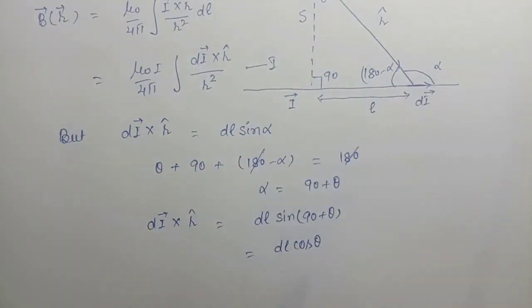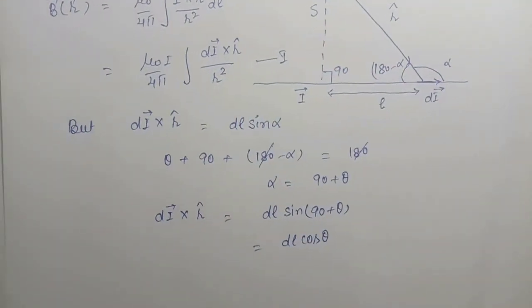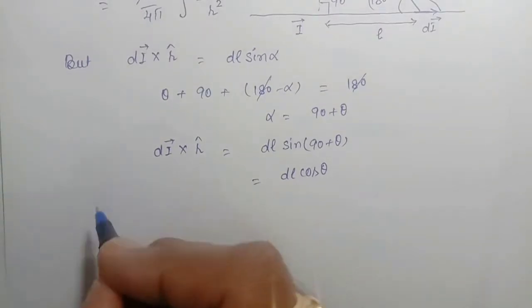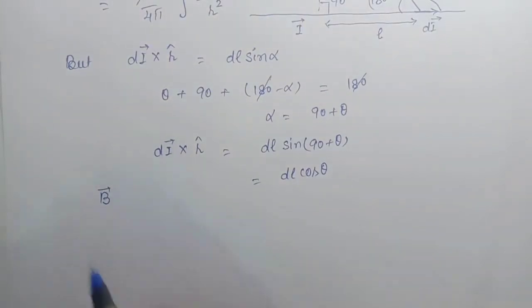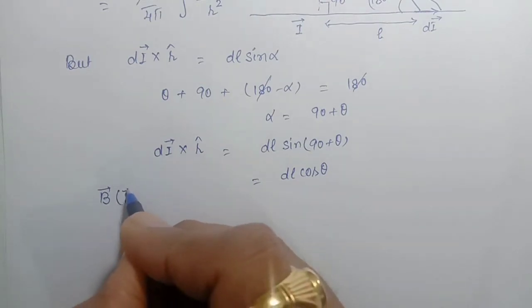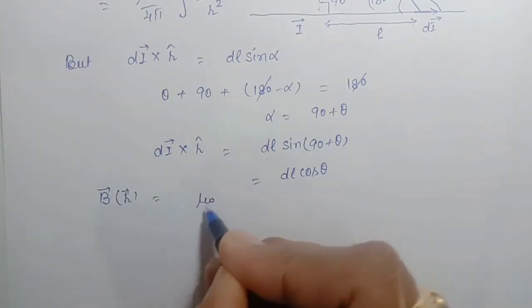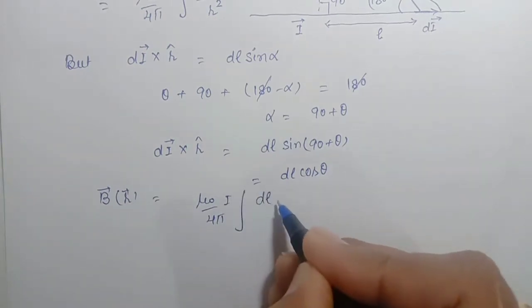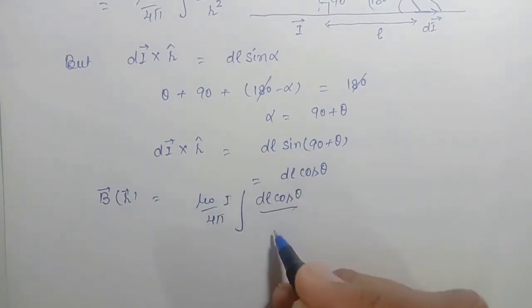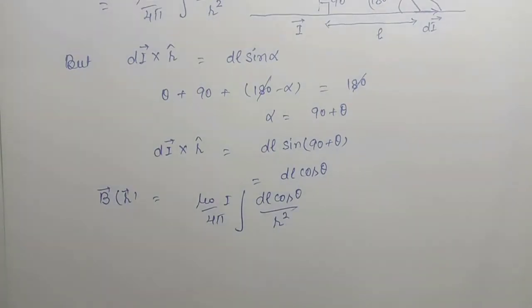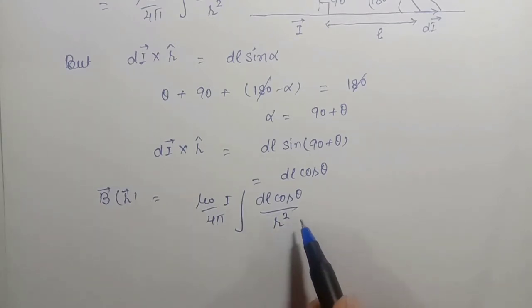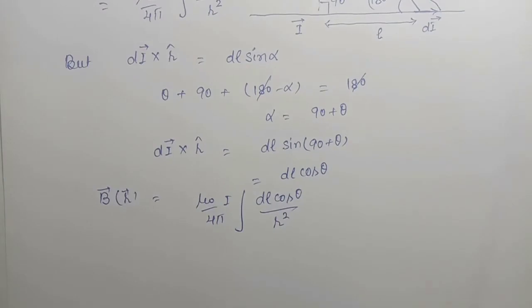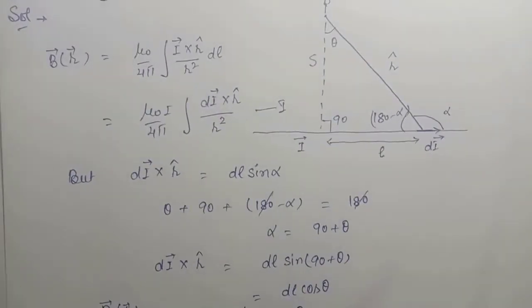Suppose this is equation number 1, then we can write dB equals mu naught over 4 pi I, and here we have dl cos theta over r square. Now we will determine the value of dl and cos theta using the above equation.